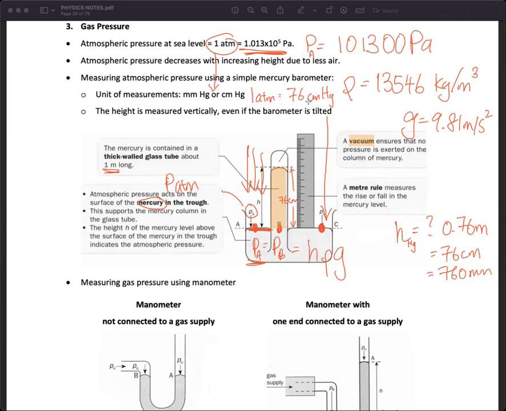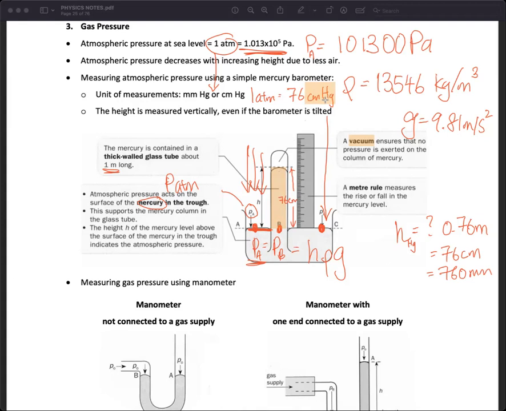This cm is not the unit for 76; this whole thing, cmHg, is the unit. cmHg is the unit of the atmospheric pressure. So you must see them together. It actually means you have a height of 76 cm of mercury. So 1 atmospheric pressure is about 76 cmHg.